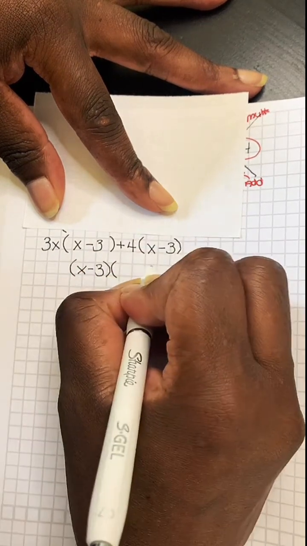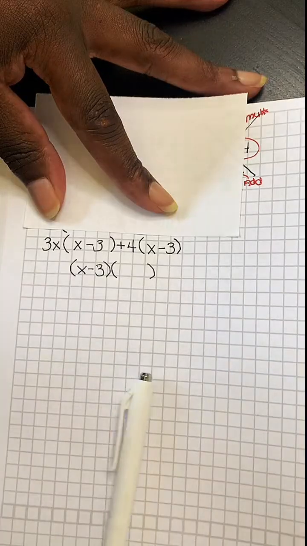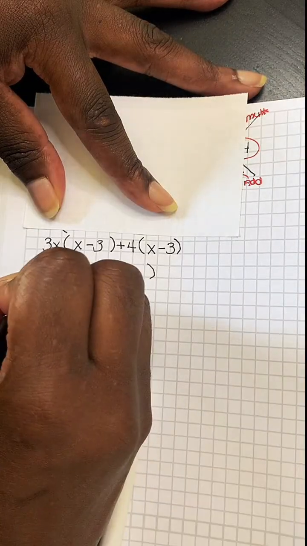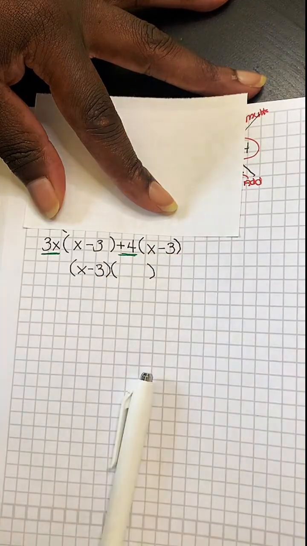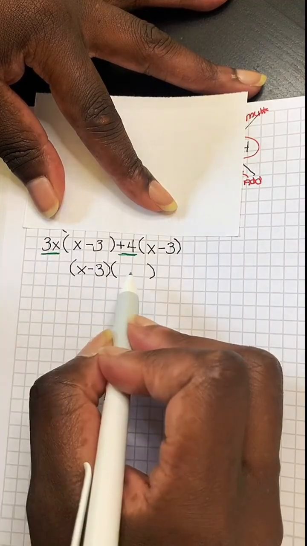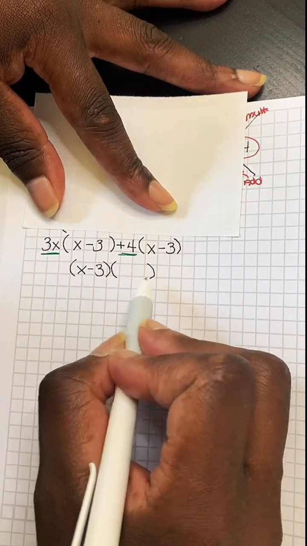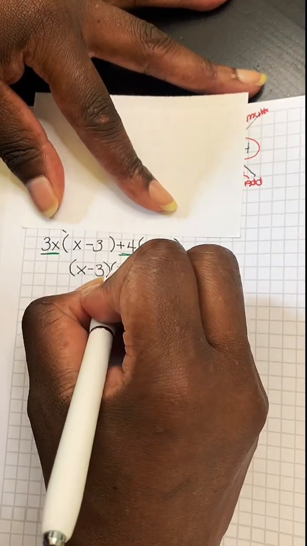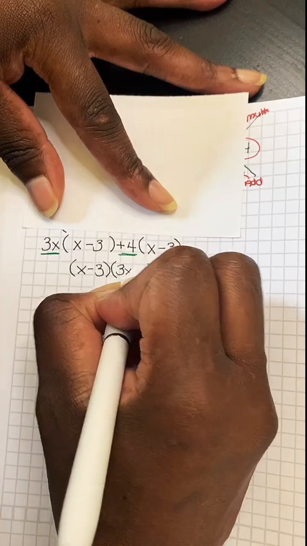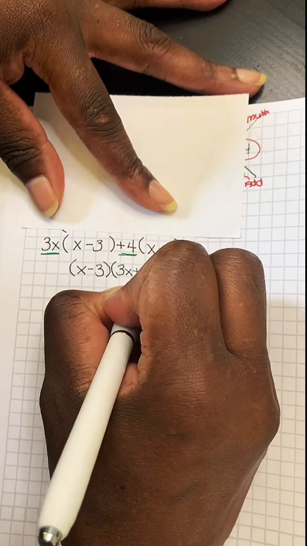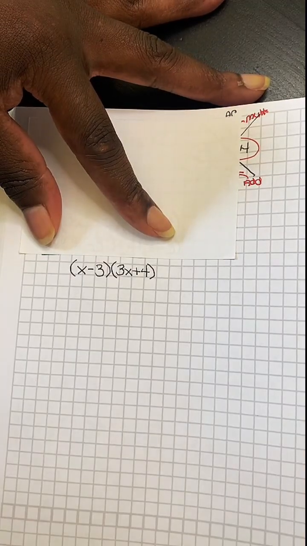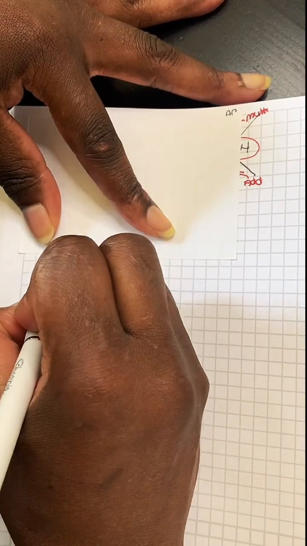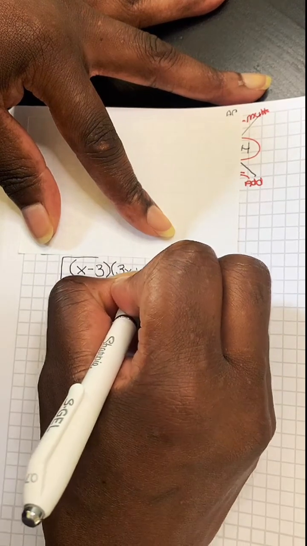Now, what remains is this 3x and this plus 4. So what remains, I'm going to gather up and put in their own parenthesis. So that's 3x plus 4. This is your factored form.